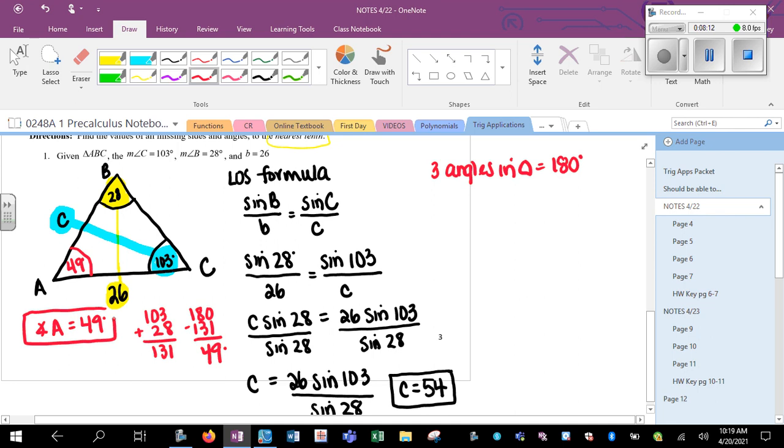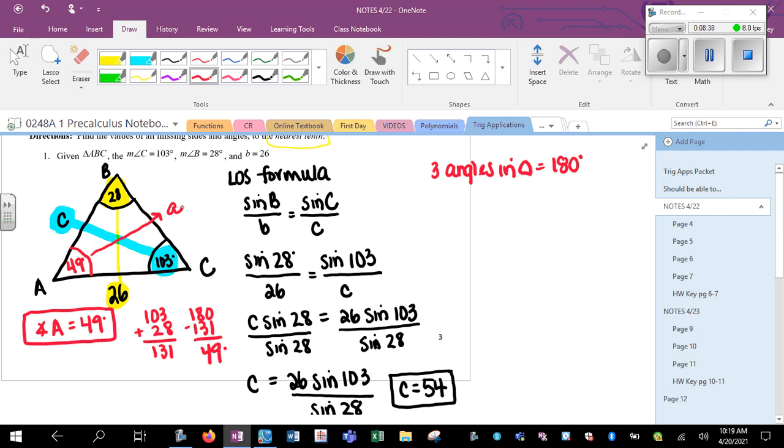Now I can use that angle to help me find side A. The sine of 49 degrees is going to help me find side A. So once again, I set up my proportion. Now, when you make this proportion, since you already know B's and you already know C's, you really get the decision as to which you want to use.